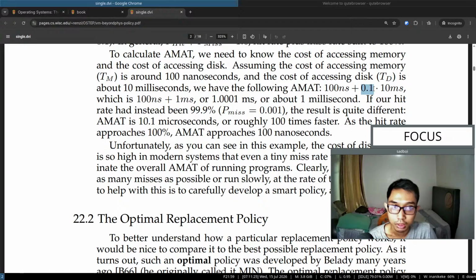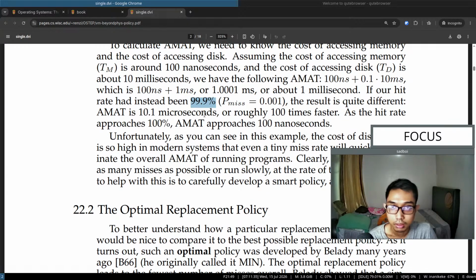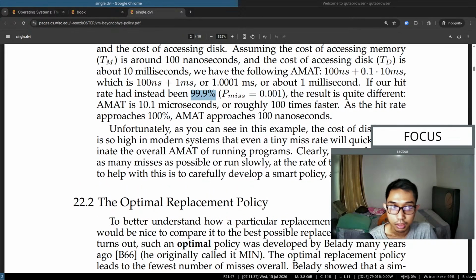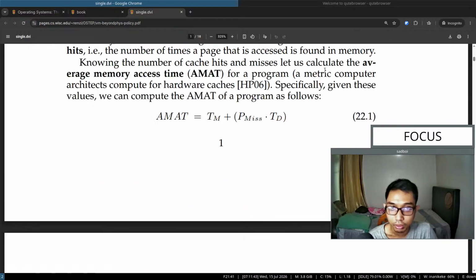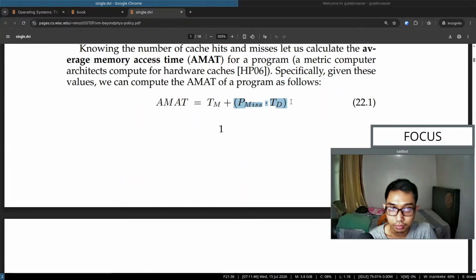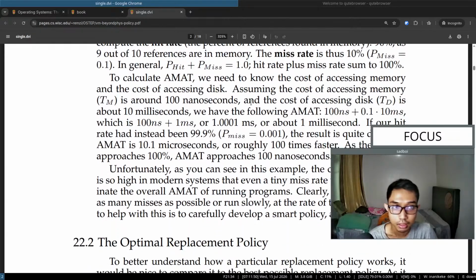Again, the P-miss should be 0 if we have 100% hit. Alright, and yeah, don't forget about the brackets, I guess, to prevent confusion, like this one.